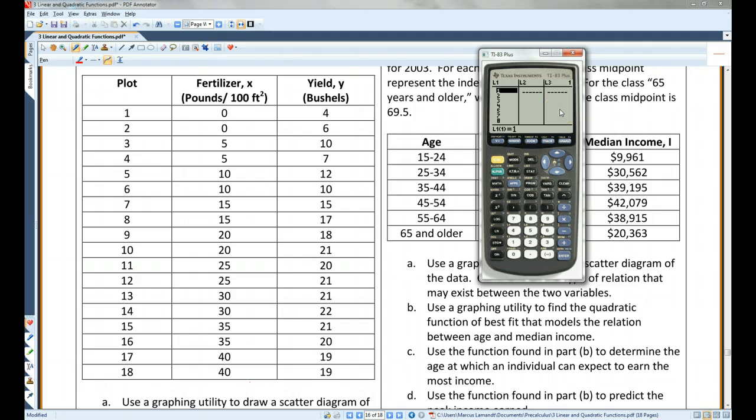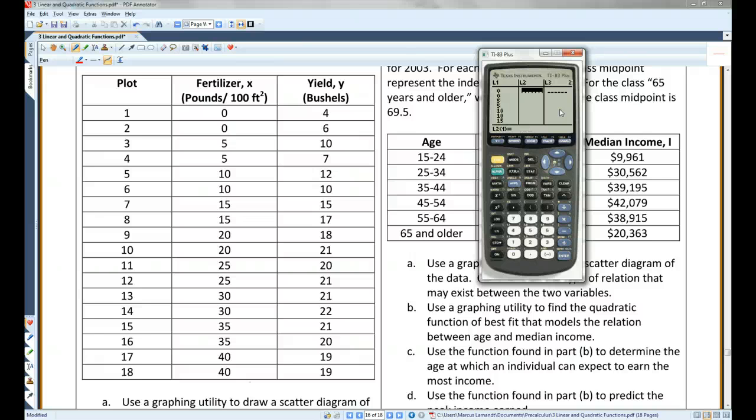Alright, try again. 0, 5, 10, 15, 20, 25, 30, 35, 40.